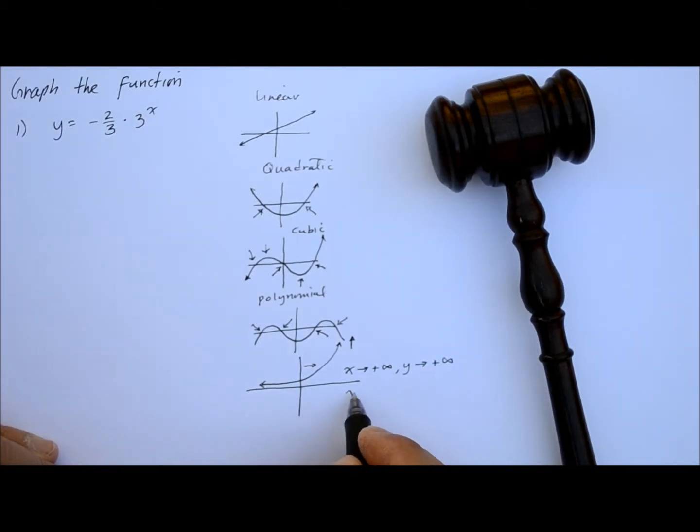On the other hand, as x approaches negative infinity, meaning away from the origin to the left, if you look at this line going to the left, the f of x, or the y, gets closer and closer to 0, but never actually becomes 0, and this characteristic is called an asymptote.